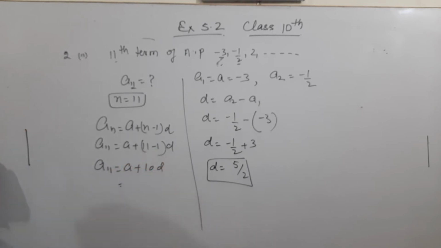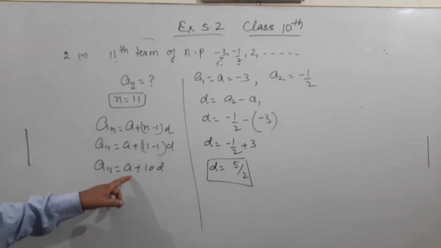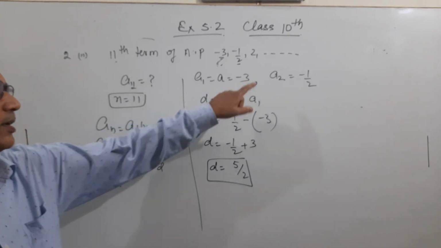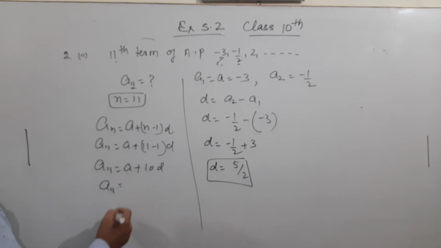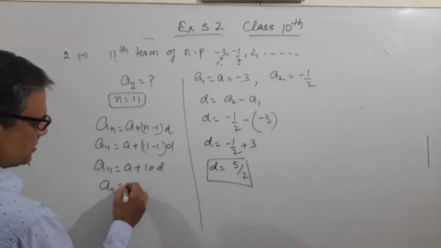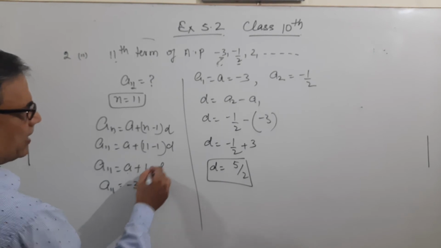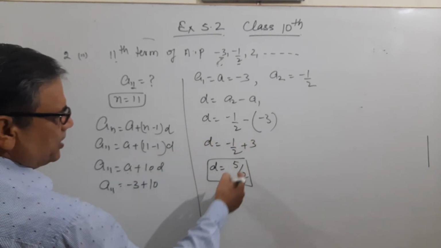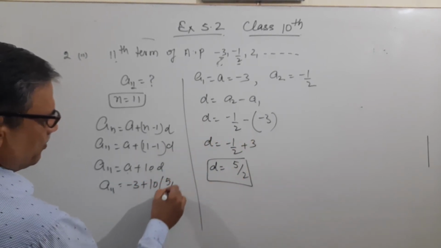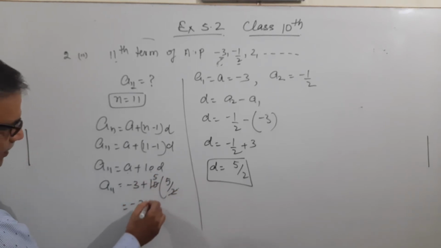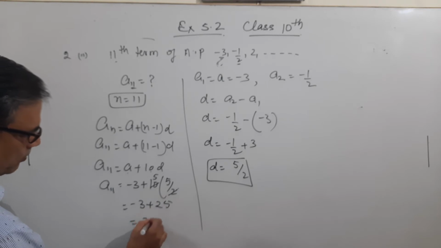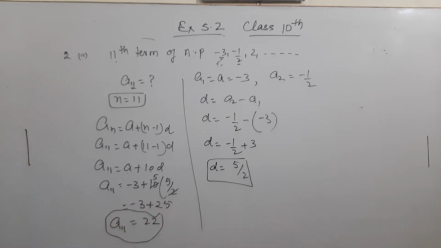Now put the value of A and D. A is -3 and D is 5 by 2. So A11 is -3 plus 10 times 5 by 2. The 2 and 10 cancel, giving -3 plus 25, which is equal to 22. This is A11. It is my answer.